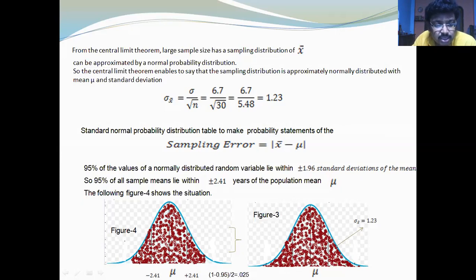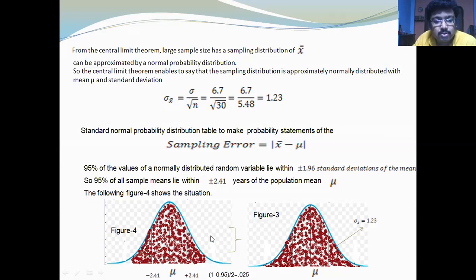This area is the 95%. This portion plus this portion is the alpha. If you add this blank space with this blank space, then we get the value of alpha.